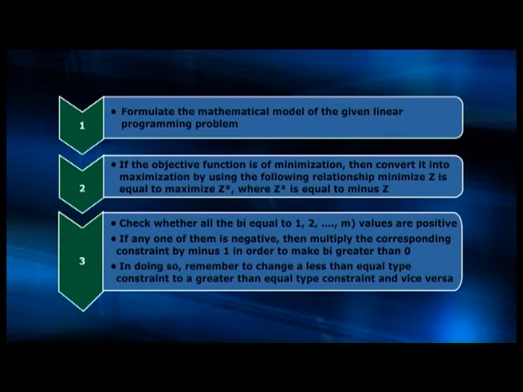If any one of them is negative, then multiply the corresponding constraint by minus 1 in order to make bi greater than 0. In doing so, remember to change a less than or equal to type constraint to a greater than or equal to type constraint and vice versa.